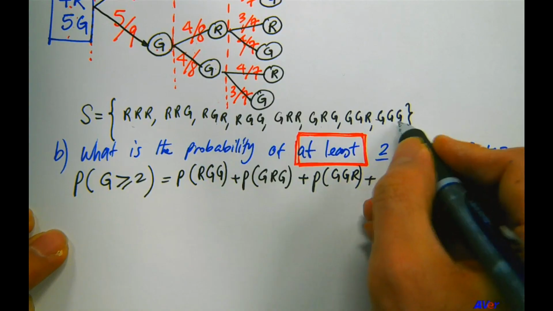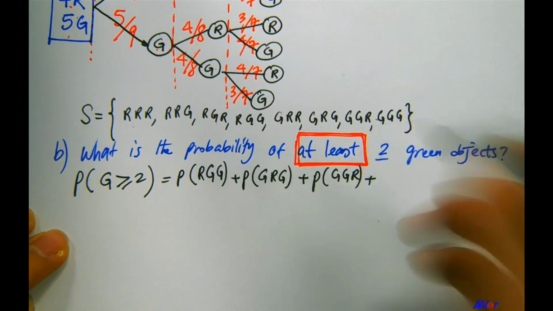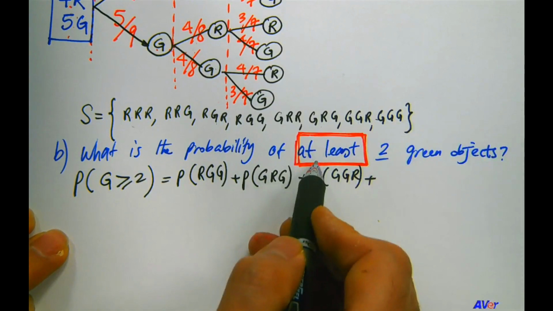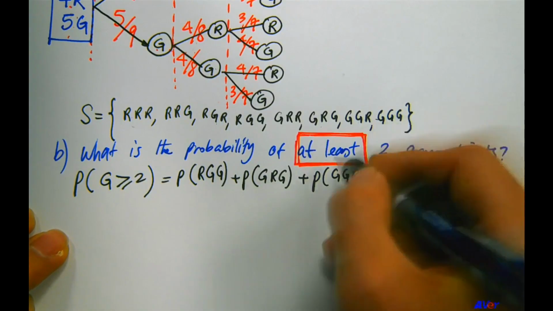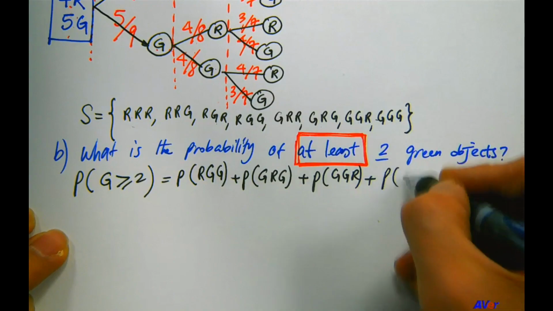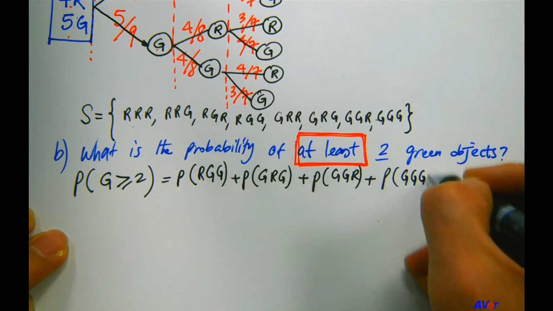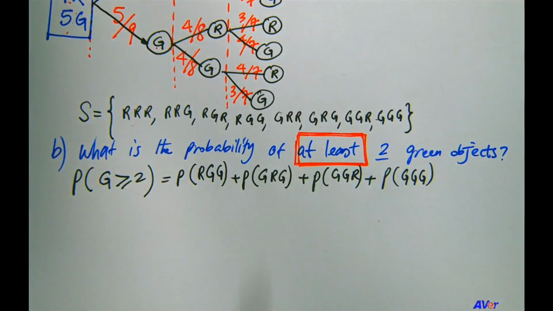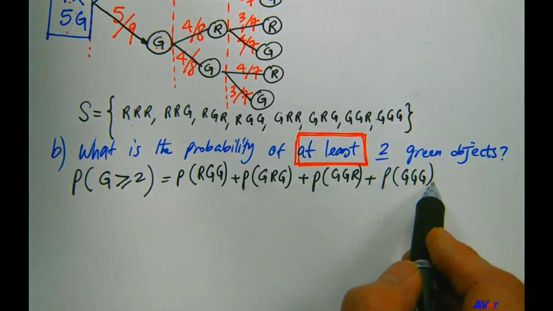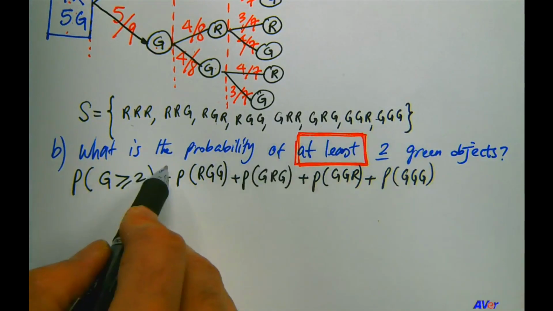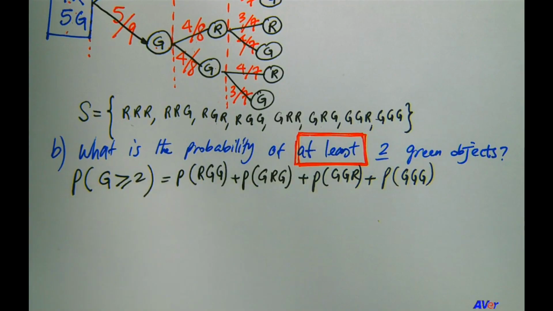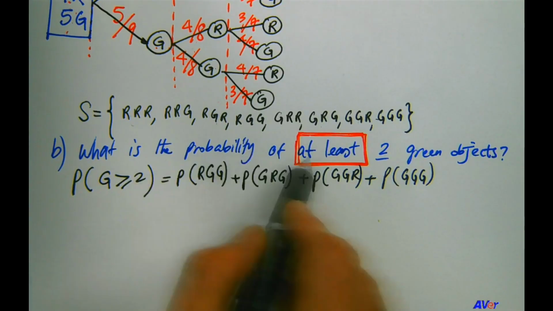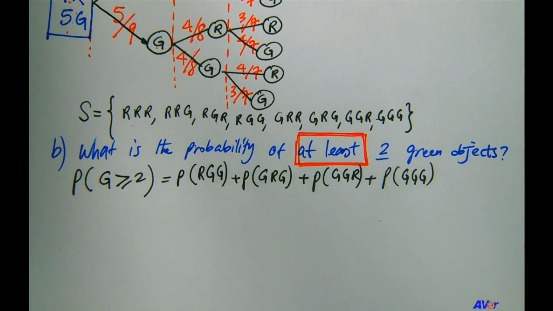How about this? Absolutely. That has more than the at least, so that is for sure included. So plus probability of green, green, green. Okay? So these 4 events are part of what we're looking for, part of the probability of at least 2 green objects.